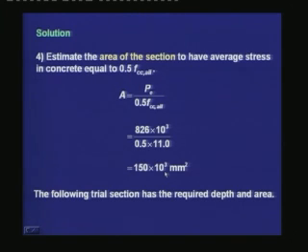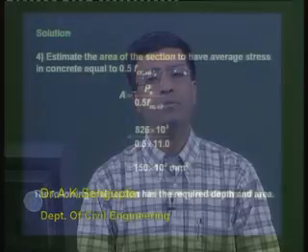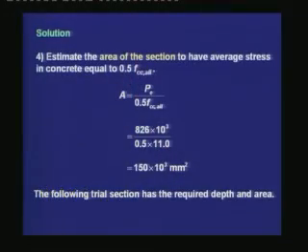Thus, after the preliminary design, we have the required area of a section, which is equal to 150 times 10 to the power 3 millimeter square. At this stage, we have to select a trial section which satisfies this requirement.